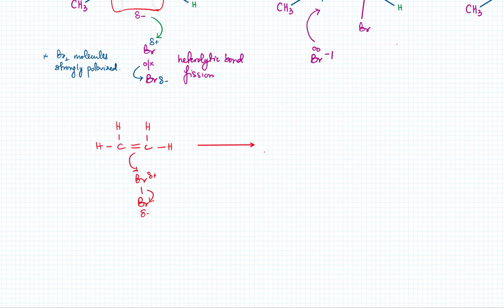So there are two possibilities. In this case, it won't really matter. Okay, let me follow the unsymmetric one. That's CH3. So you've got H, and you've got a carbocation forming, or you could have the other carbocation forming as well.